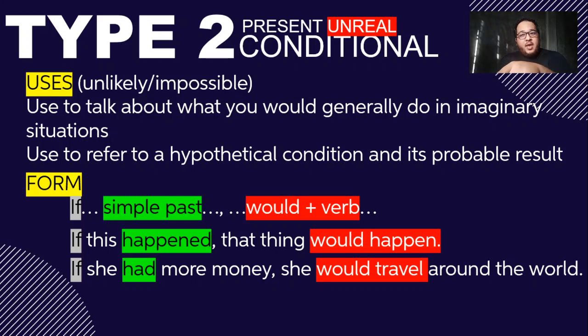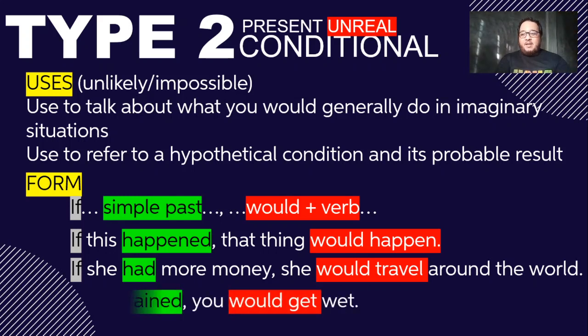In the same way, in our example here, the persona is imagining that she has all the money, then she would be traveling the world. So, hypothetically imagining. Okay? If it rained, you would get wet.